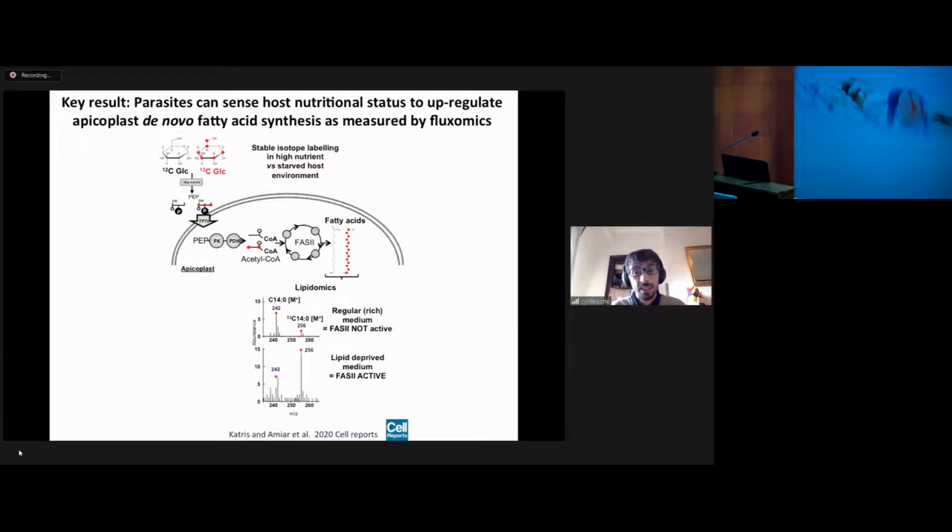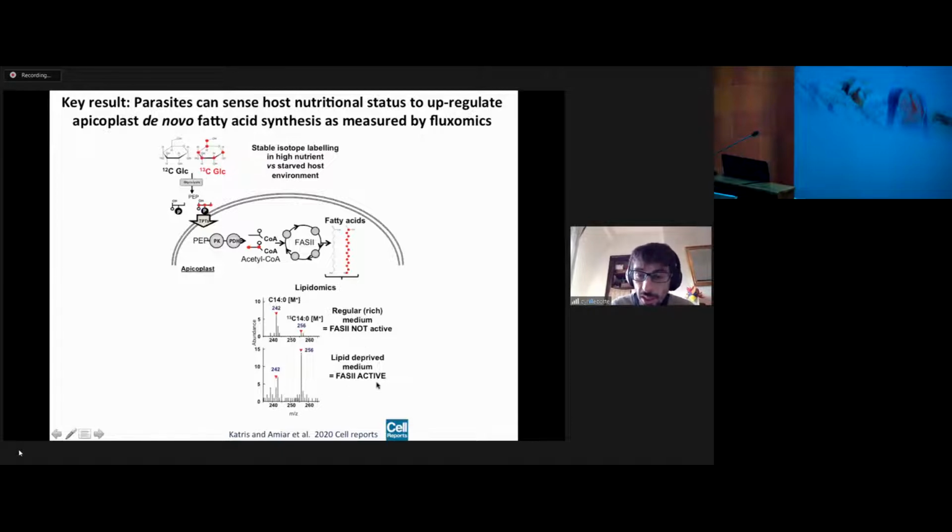And what we could see is that when we cultured the parasite in the regular culture medium, which is rich in either serum or AlbuMAX, which are not very physiological conditions, but rather very rich conditions, we had an abundance of unlabeled fatty acid chains, meaning that the FAS2 pathway was not active.